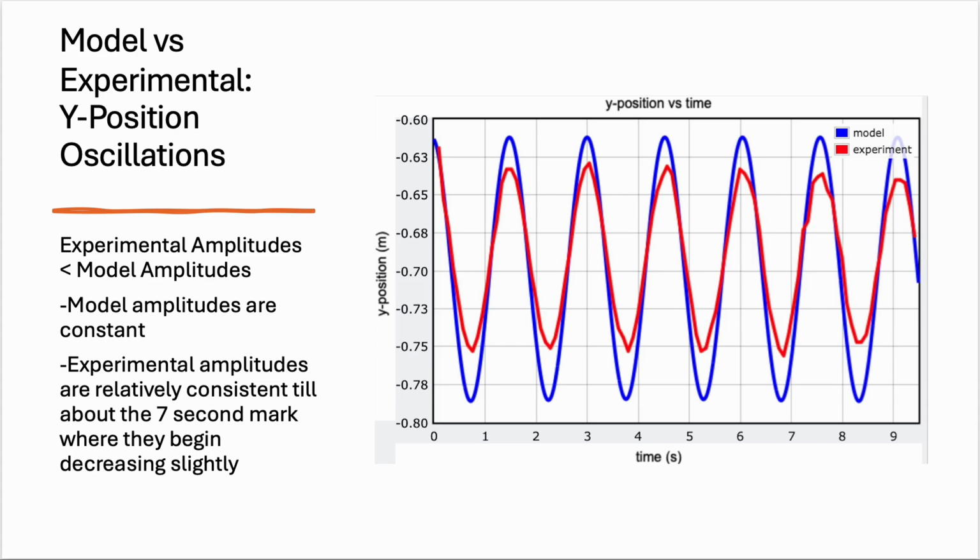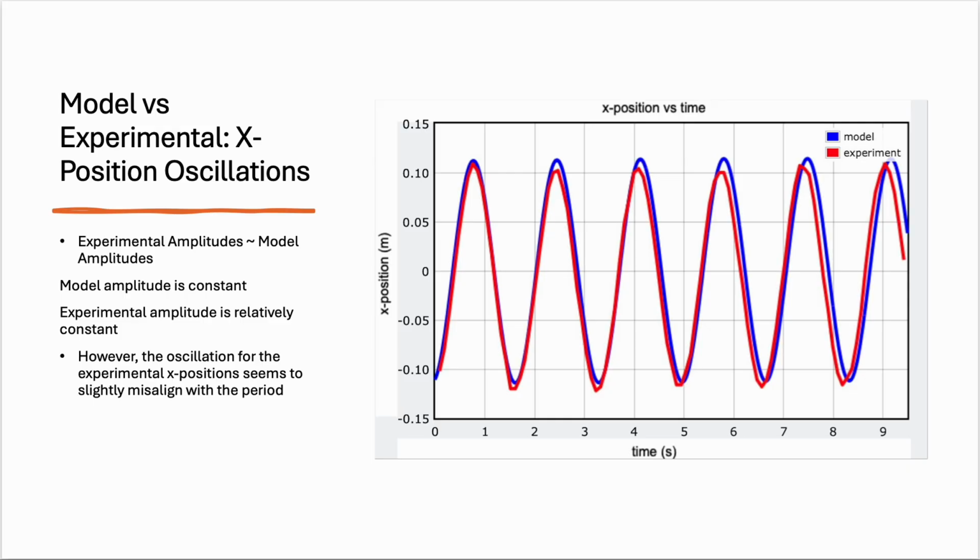We also looked at the model versus experimental y position oscillations and the x position oscillations. So for the y position oscillations, you can see that the amplitudes of the experimental data are smaller than the model, and you can also see that the amplitudes seem to get smaller, starting at around 7 seconds, which is interesting.